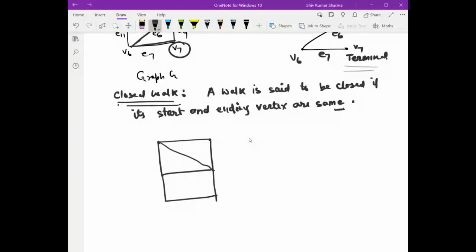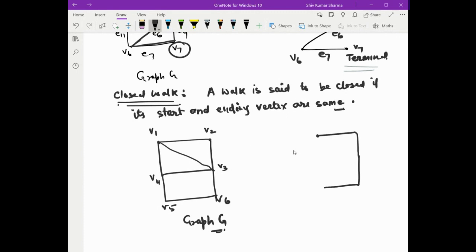This is the graph G. V1, V2, V3, V4, V5, and V6. So for the closed walk, we take this simple example.